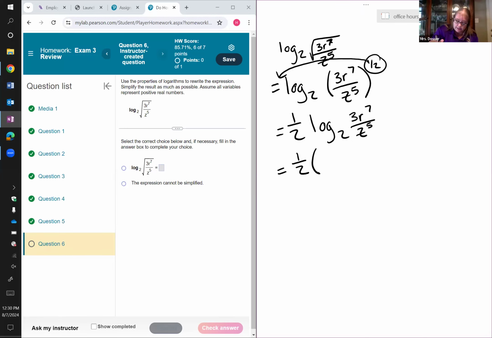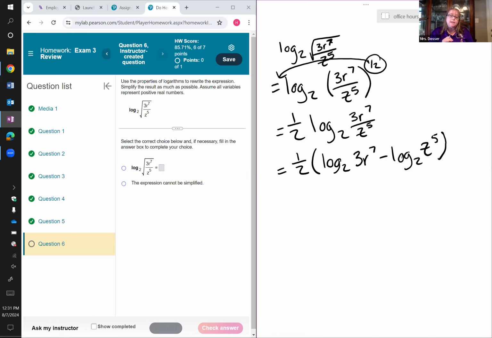So 1/2 and then parentheses, and then we're going to break up the log base 2 using the quotient rule. So log base 2 of the top, 3r to the 7th, minus log base 2 of the bottom, z to the 5th. So we use the quotient rule to break it up because it was a quotient. And we've got 1/2 times the whole thing. That's why we have the parentheses around it.